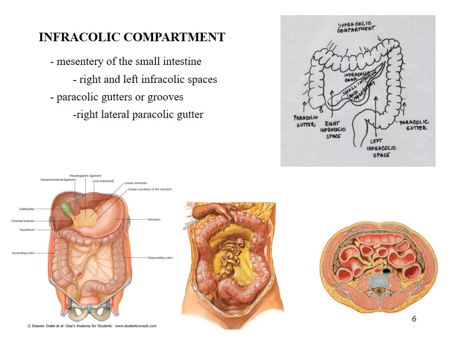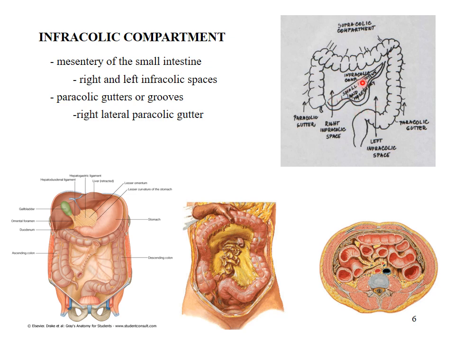The infracolic compartment is divided by the mesentery of the small intestine into the right and left infracolic spaces. This is the right, and this is the left infracolic space.